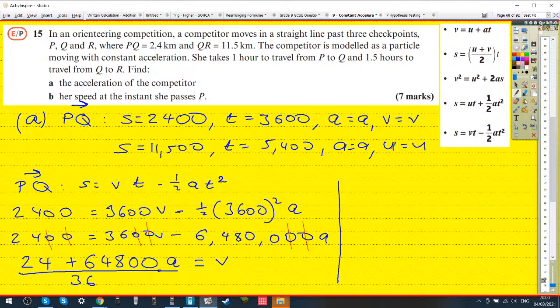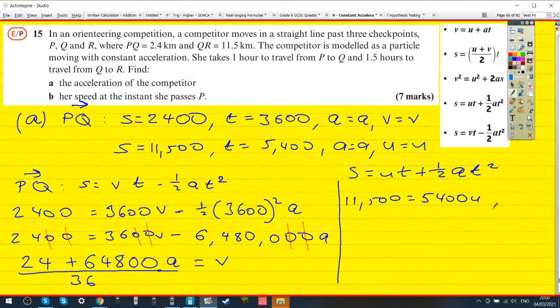So we have S, T, U. I could use S equals UT plus a half AT squared, which would be 11,500 equals 5,400U plus a half A times 5,400 squared.